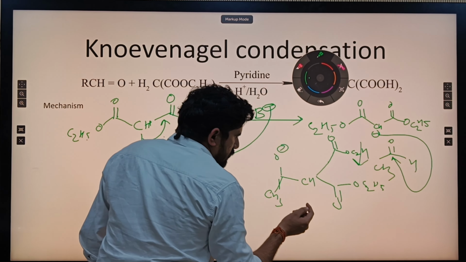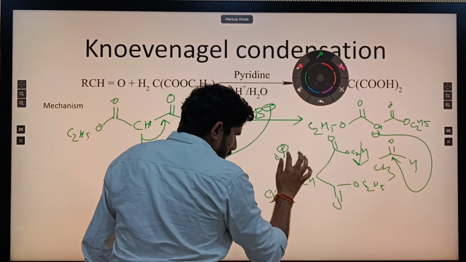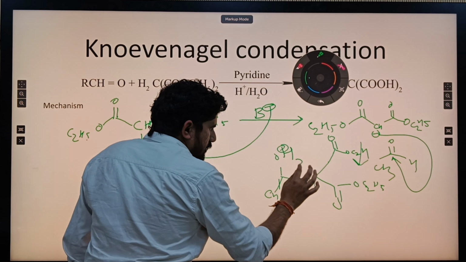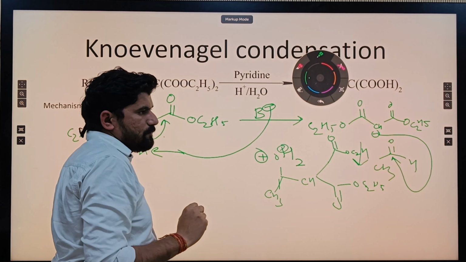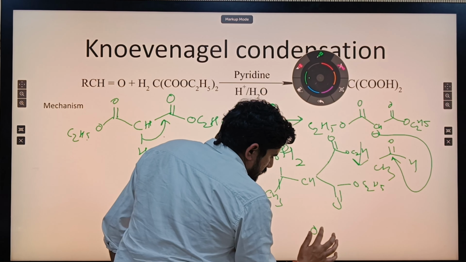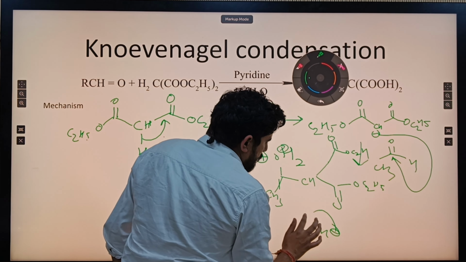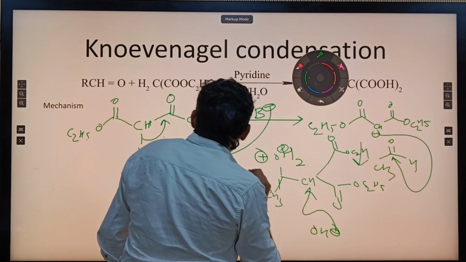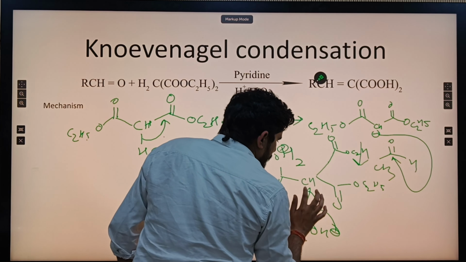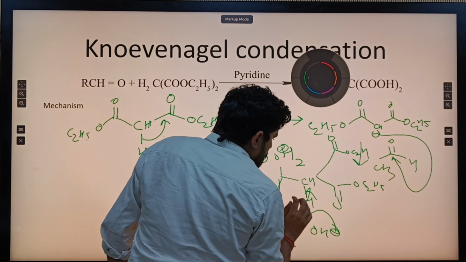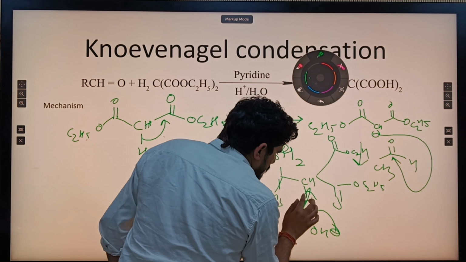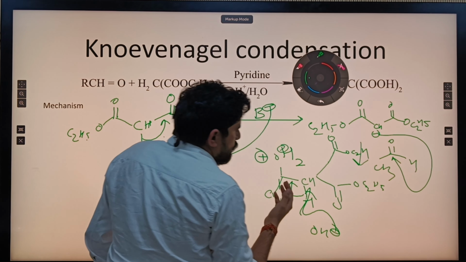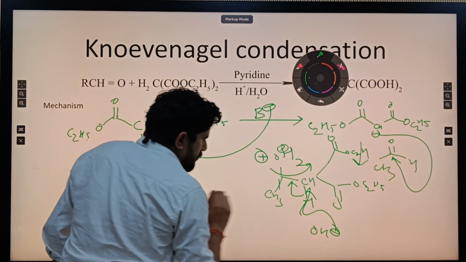Further, the hydrogen will be abstracted, and OH negative leaves as a leaving group: the bond pair of hydrogen is extracted by the proton, and hydrogen is forced out with OH negative as a leaving group.